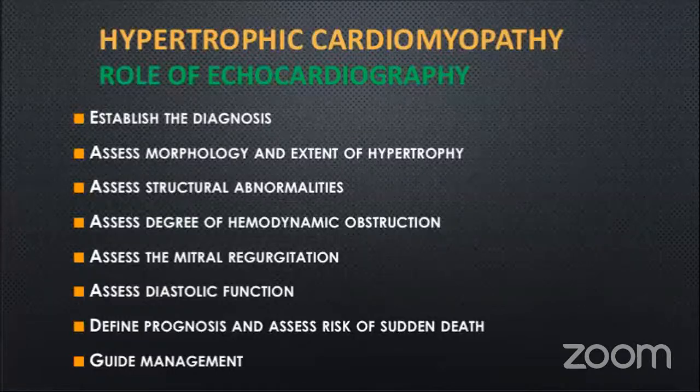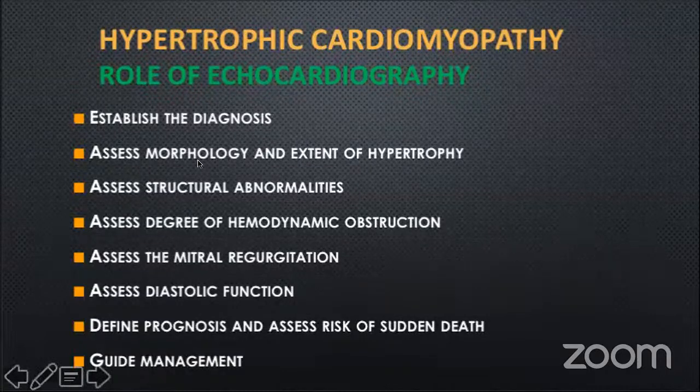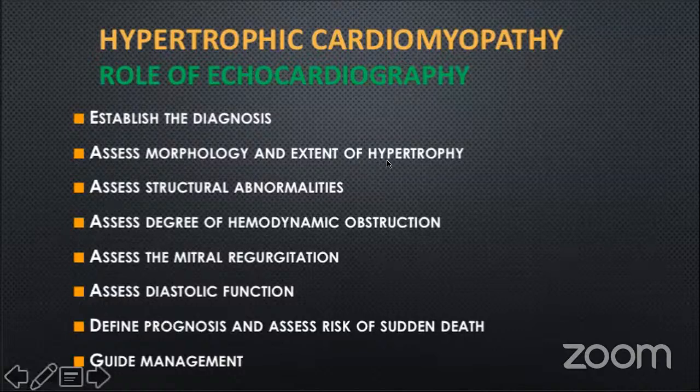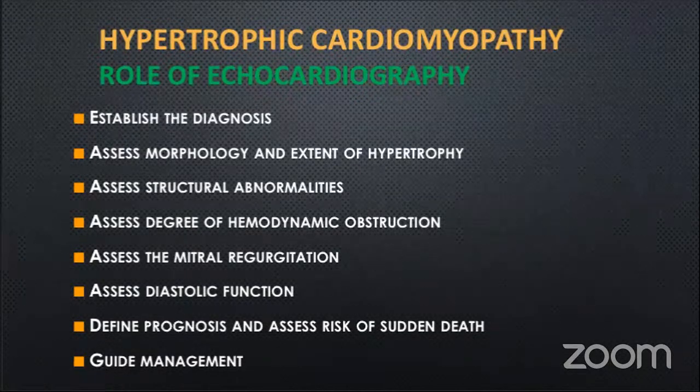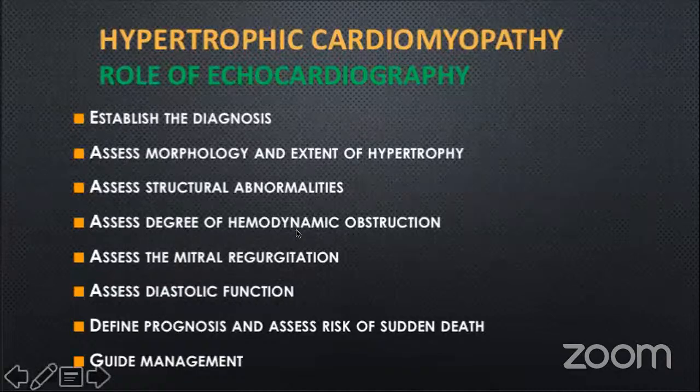Echocardiography, like Muhammad said, especially transthoracic, plays a major role in establishing the diagnosis, in assessing the morphology and the extent of the hypertrophy, and assessing structural abnormalities. Is it the papillary muscle? Is it the anterior? Is it the posterior? Again, we can assess hemodynamic obstruction by measuring the gradient.